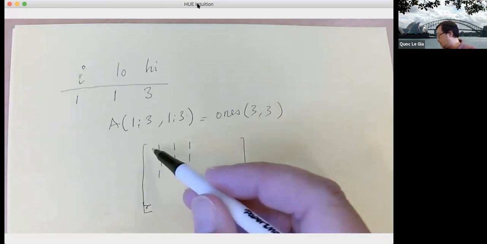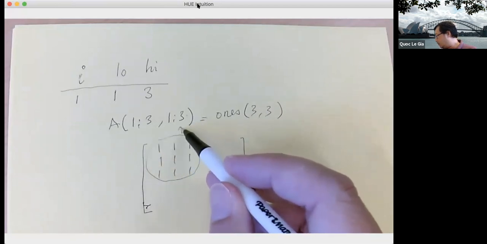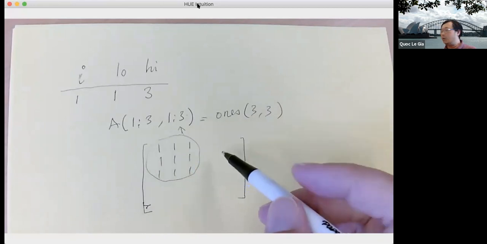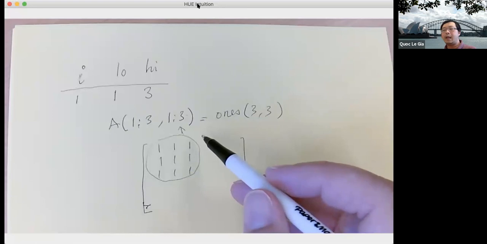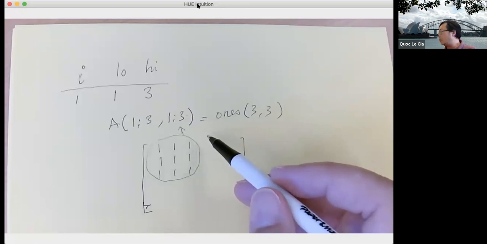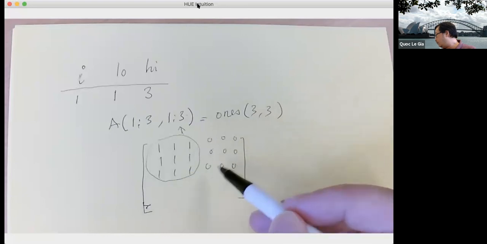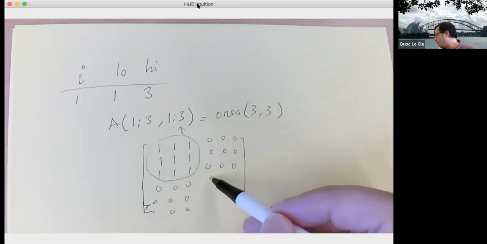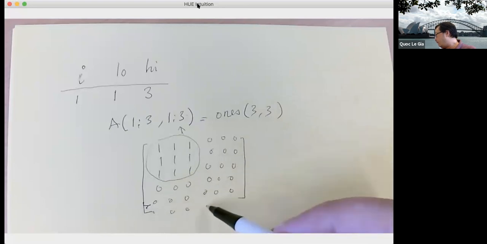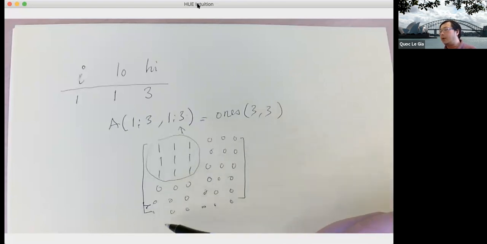They are 0, because remember, before the loops, we set A equal to 0, right? We set 0 everywhere. So it will be 0 everywhere else.